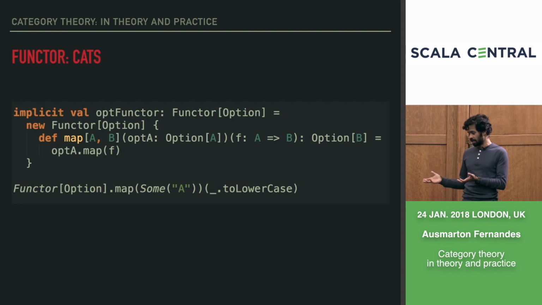An option already has a map method on it, but this might be trivial enough for us to understand what we really need to do when defining our own functor. And in this case, all we are doing is calling the underlying map on the option itself. And that part could be whatever we want our composition to look like.